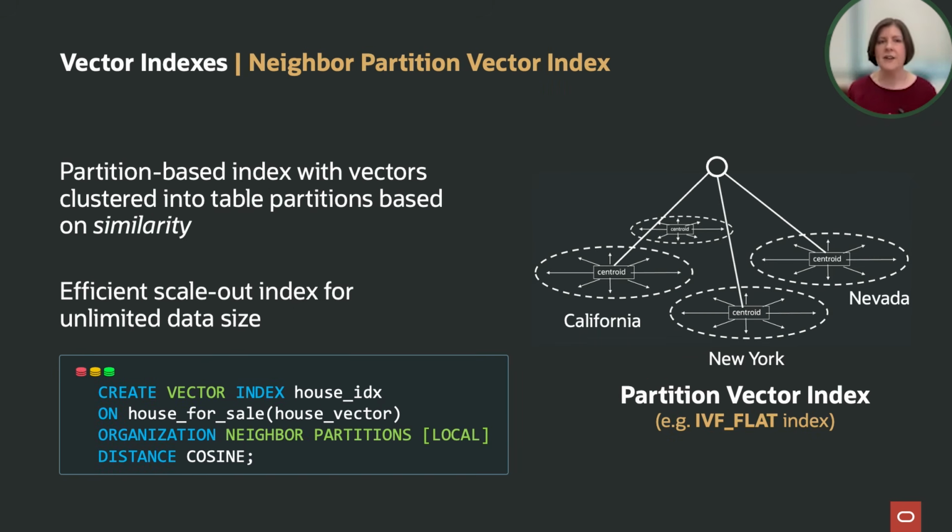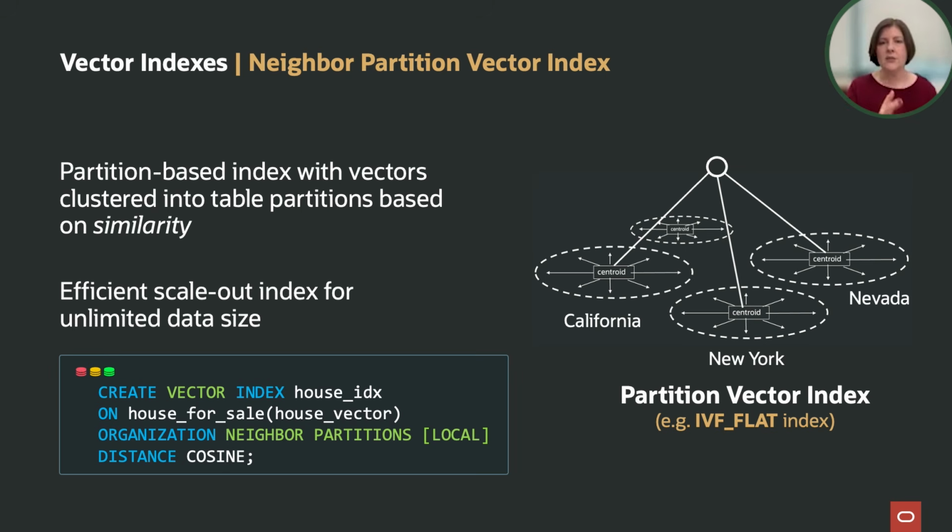Alternatively, you can take advantage of our neighbor partition vector index, or IVF flat index. With this approach, this is a disk-based index, just like B-tree and bitmap indexes that you know and love today. And with this approach, we're basically going to partition or group the vectors within your table based on their similarity. And for each group or partition, we will have a representative vector that represents that group.